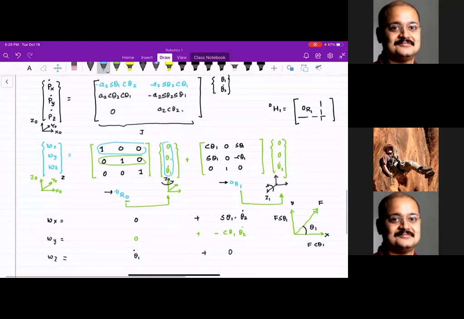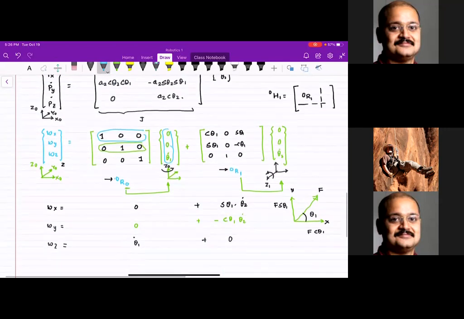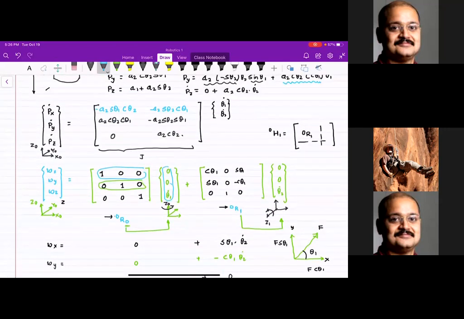Now, here comes the question. What happens when theta 1 is 0? When theta 1 is 0, sine theta 1 is going to be 0 and cosine theta 1 is going to be 1. Now I want you to visualize a situation where there is some non-zero theta 1 dot, just at the beginning. So theta 1 is 0, but there is some non-zero theta 1 dot.